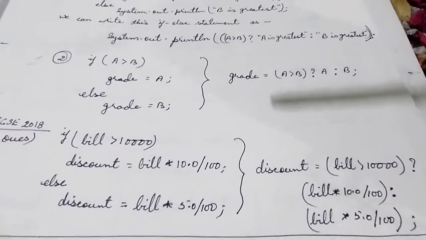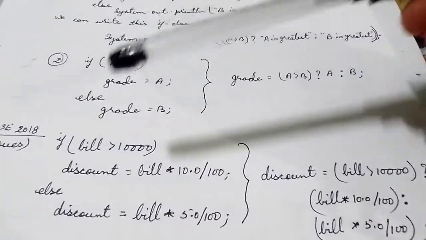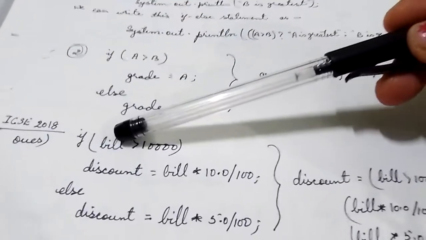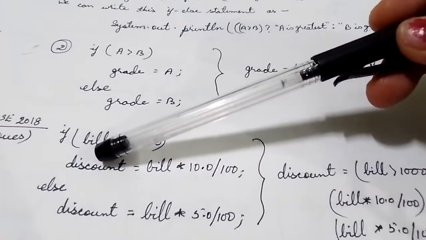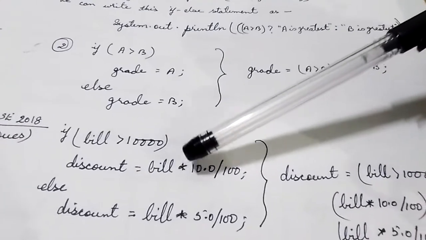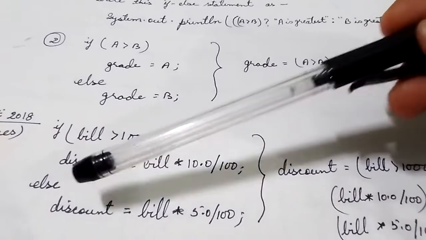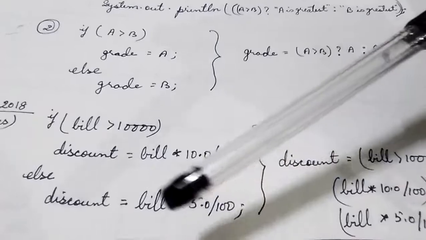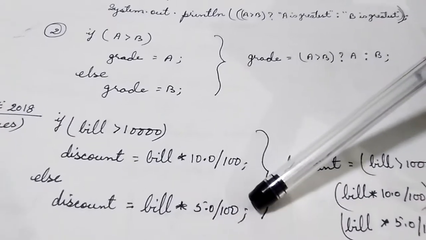Let us see an example of a 2018 board paper. If the bill is greater than 10,000, then a discount of 10% is given, that is bill asterisk 10 divided by 100. Else a discount of 5% is given, that is bill asterisk 5 divided by 100.